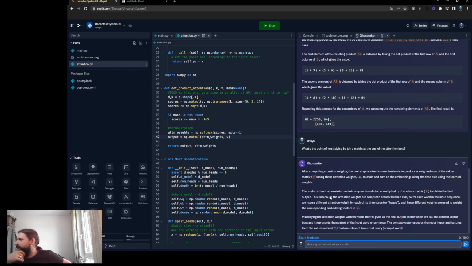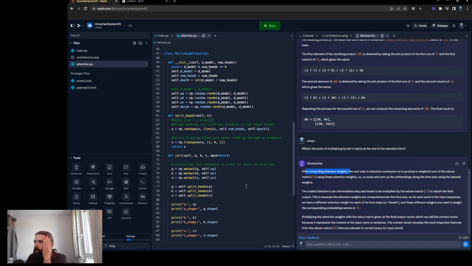Along the time axis. Multiplying the attention weights by the value matrix gives the final output vector of the input word or sentence. So the scale after computing attention weights.